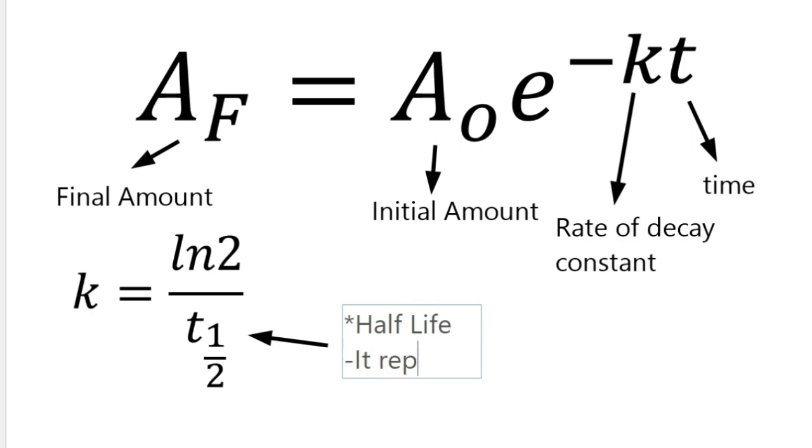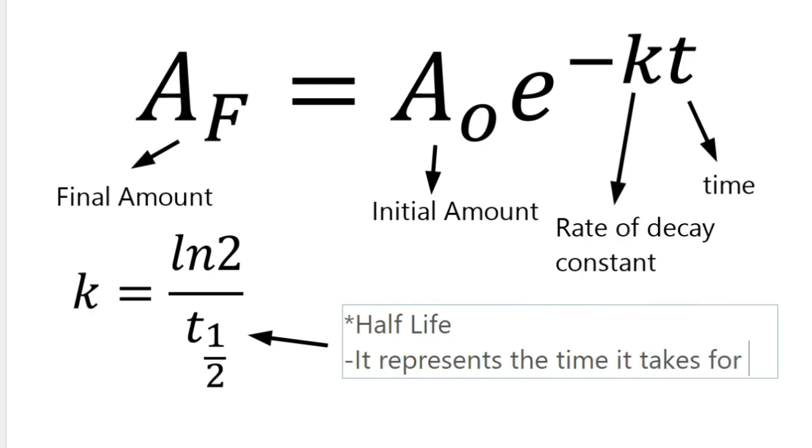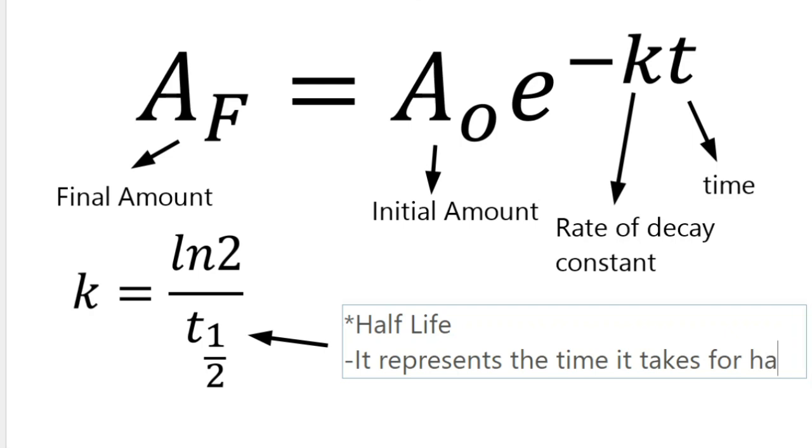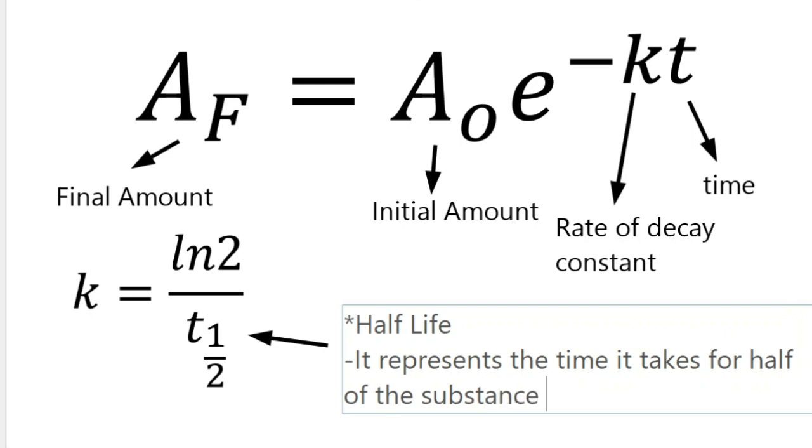Half-life represents the time it takes for half of the substance to decay. I missed a letter here, it should be half of a substance to decay. There you have it. So that's going to be the half-life.